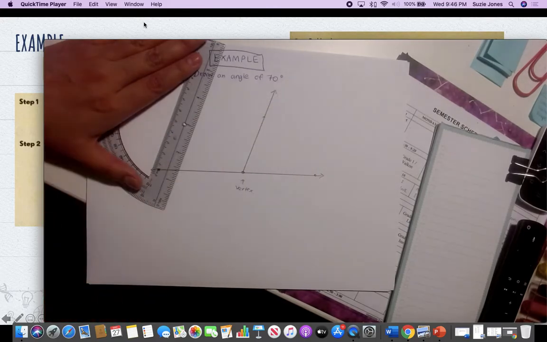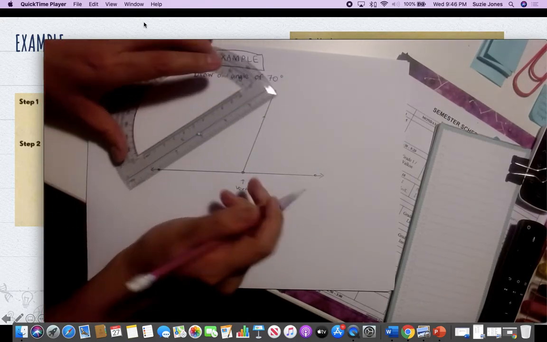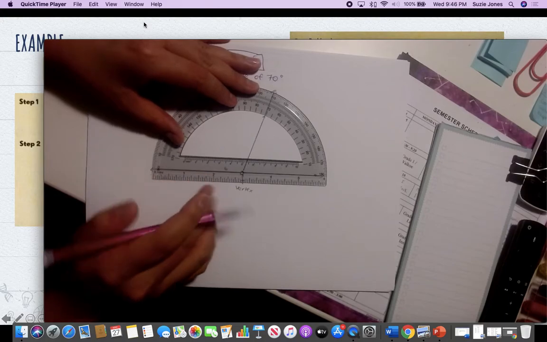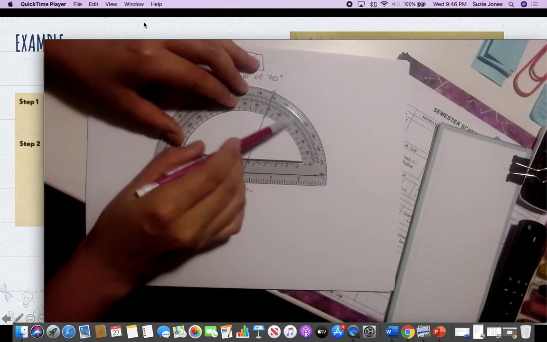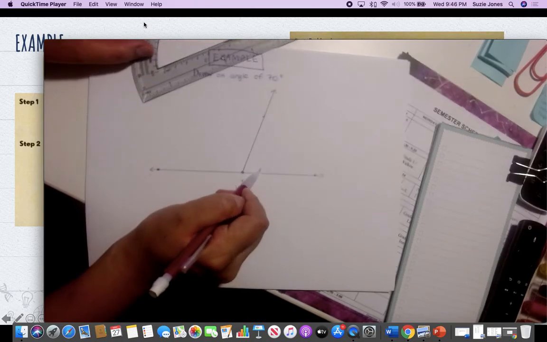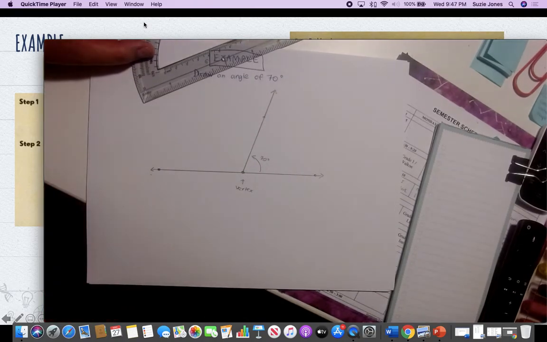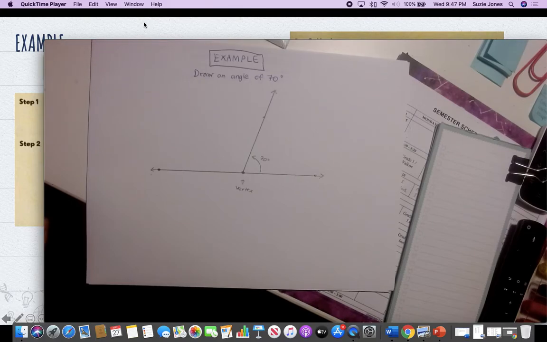So my inner scale showed me that from here, 0 all the way to 70, this is 70 degrees using the inner scale, okay?